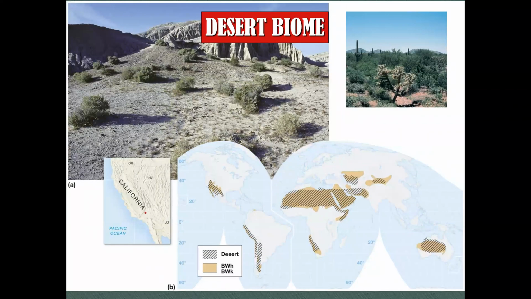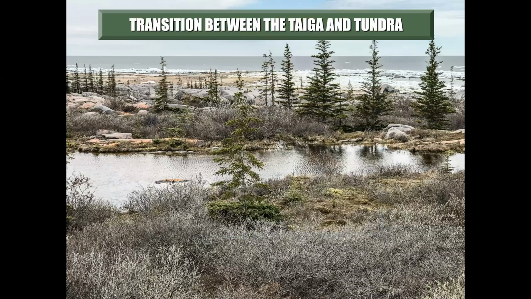Deserts are hopefully pretty obvious, very dry places where there's enough lack of precipitation that very little grows. Remember, deserts do not have to be hot. They can be very, very cold. They just have to be dry. And tundra, this is a really cool image because it shows you the transition.